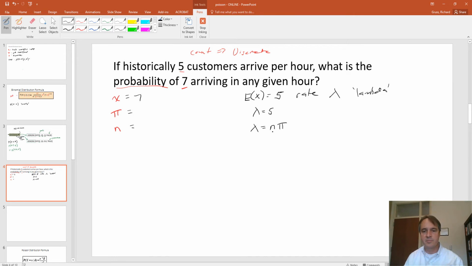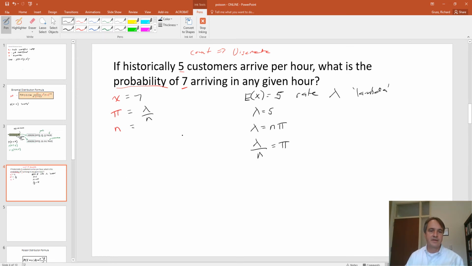It's just the product of n and pi. We know our expected value is 5; to keep it general, we'll call that lambda, and it's equal to the product of n and pi. With a little algebra, lambda over n is equal to pi. So our probability is equal to lambda over n.